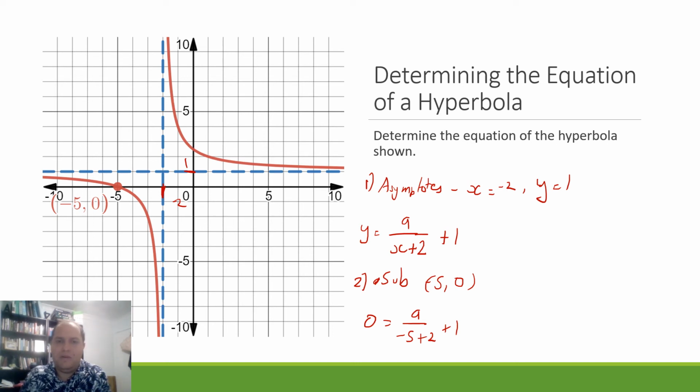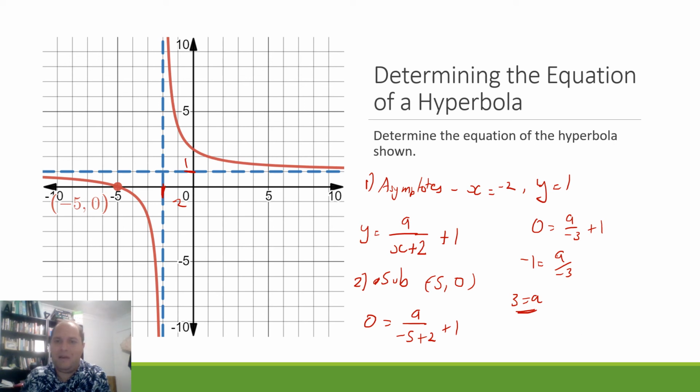Continuing up here, so it'll be 0 equals a over -3 plus 1. So -1 equals a over -3, rearranging that, 3 equals a.